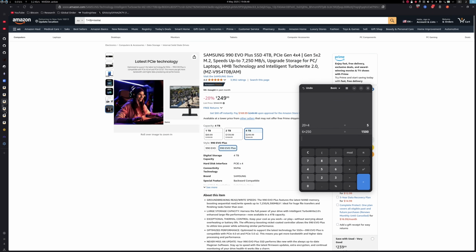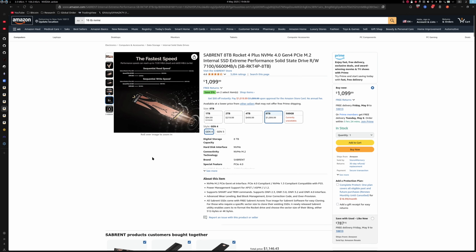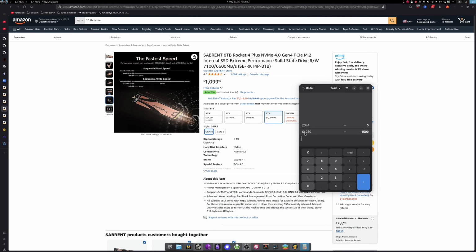That is $1,500 just for storing the Ethereum blockchain. If we look at Solana's, which is 700 terabytes, that will be 700 divided by 8. So that's 87.5 of these drives. We need a bit of extra headroom for storage, so let's say we need 90 of these drives times the price of the item.